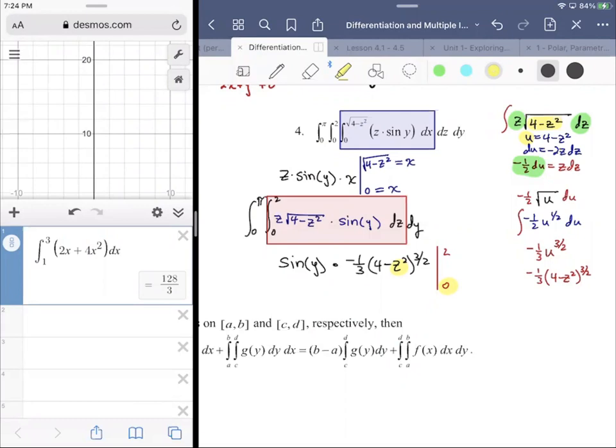So the square root of 4 is 2, cubed is 8. So that would be negative 8/3 sine of y, but this is the second part of the fundamental theorem computation. So it would be something minus that, 0 minus negative 8/3 sine of y. So it's just going to be 8/3 sine of y.